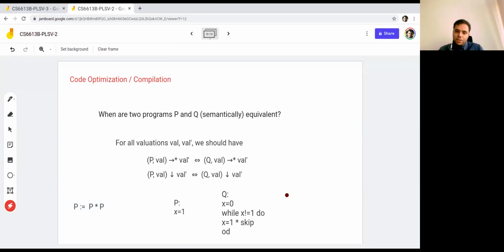It means there is some computation that does that, because if you go back to what an arrow means that we defined in the previous session, an arrow without the star just shows the possible transitions of the program, right? And then we defined the star as the transitive closure of the normal arrow. So when I write something like this, it means that program Q starting from valuation val can reach val prime. So there is some non-deterministic choice that reaches val prime. It's not that all of them should reach val prime.